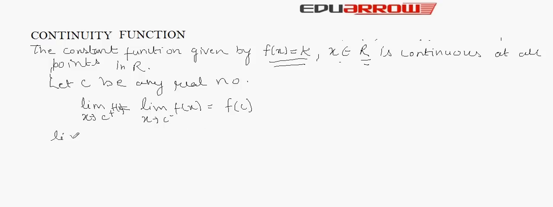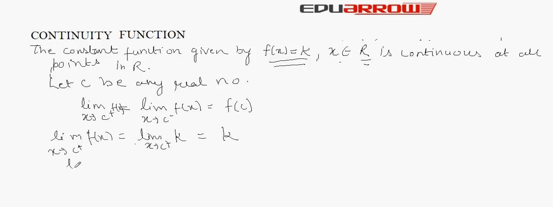First we will find limit x tends to c positive of f(x), which is equal to limit x tends to c positive of k, which is equal to k. If we apply a limit on a constant, it is equal to the constant itself.